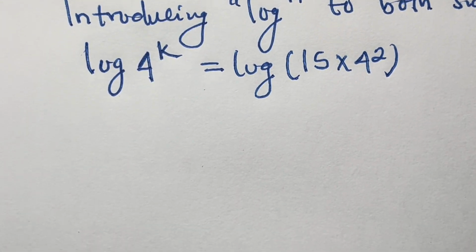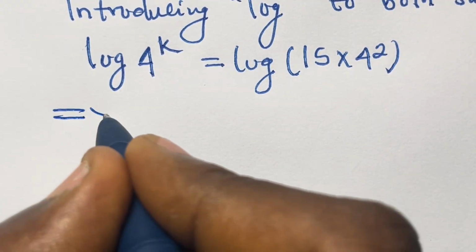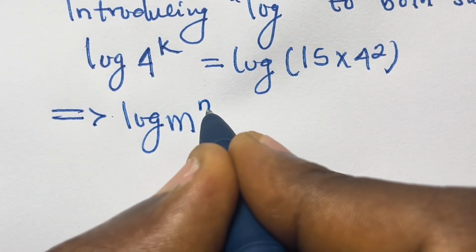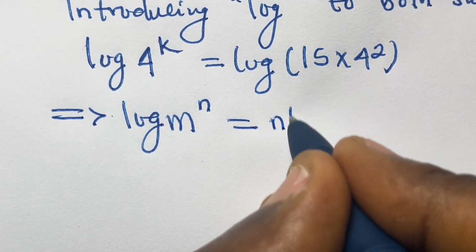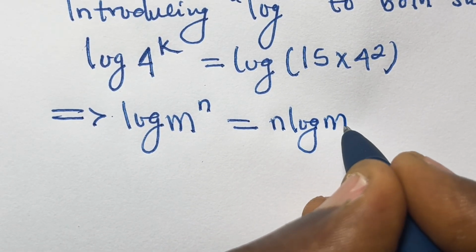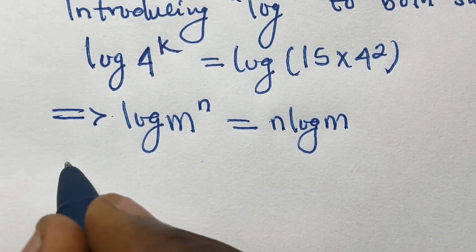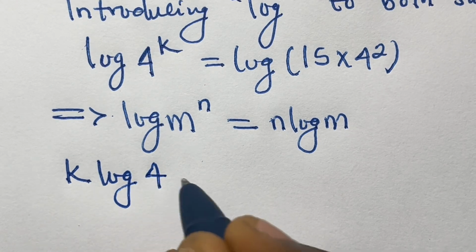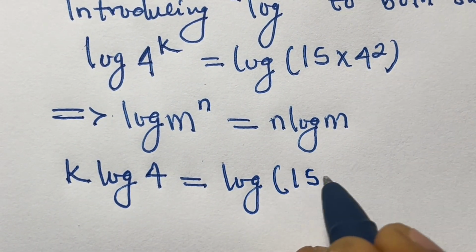So from here now, let's recall that if you have log m raised to power n, this equals n comes forward, we have n log m, right? So applying this, we will have k log 4 equals log of 15 times 4 raised to power 2.